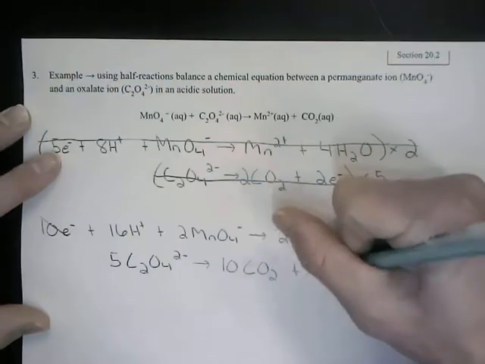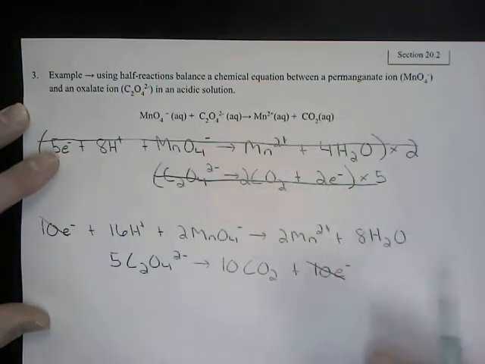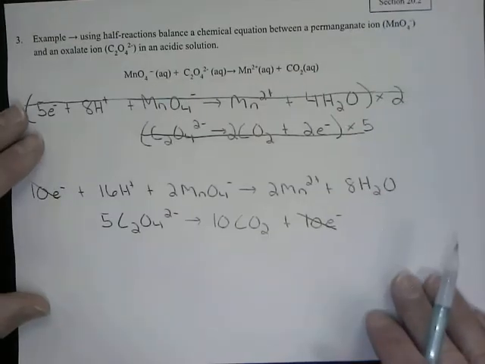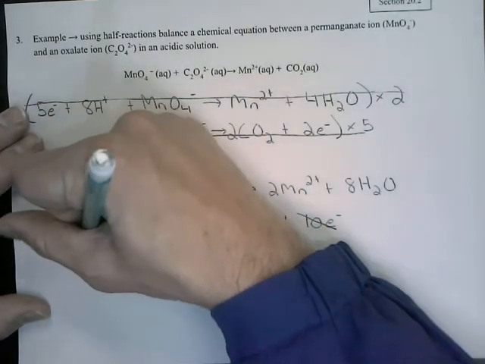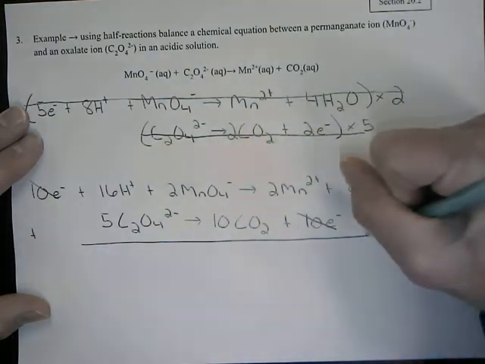So our 10 electrons, because they're on opposite sides of the equation, can cancel out. So all we need to do here is add these equations up together.